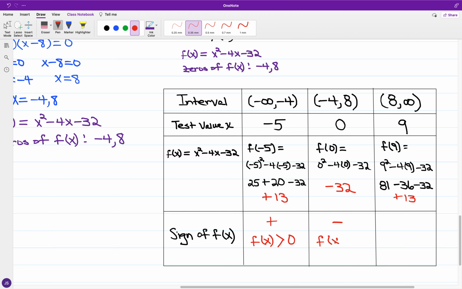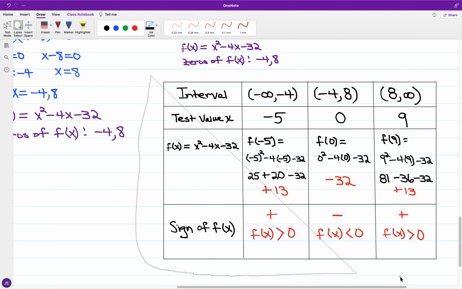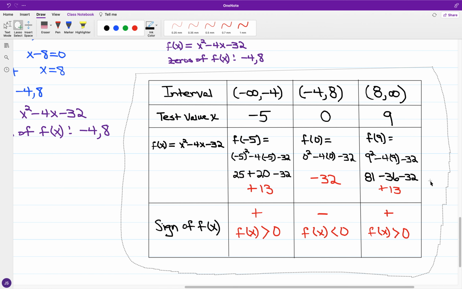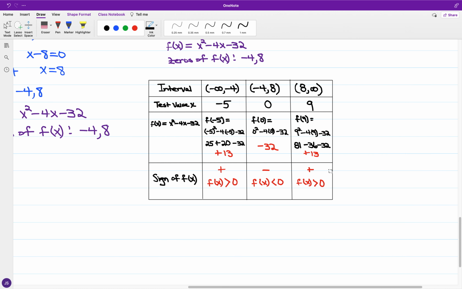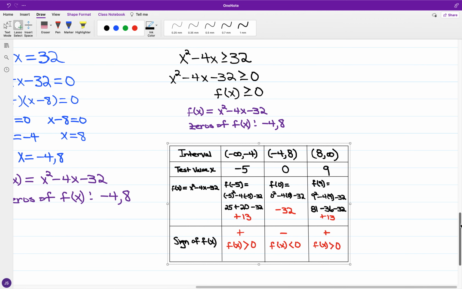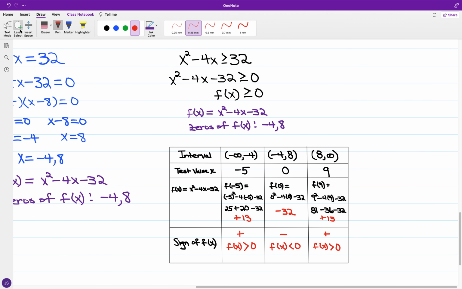So f of x is less than 0. And anything greater than 8, the output is going to be positive. So we have that f of x is greater than 0. And looking at what we have with the original inequality, this is with x squared minus 4x is greater than or equal to 32.